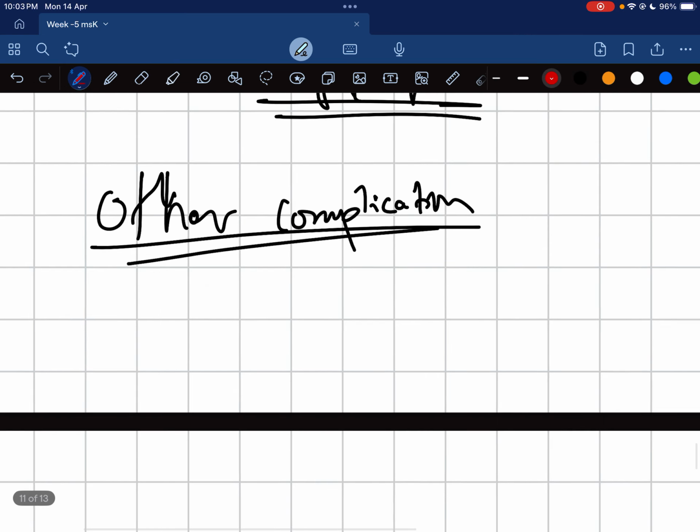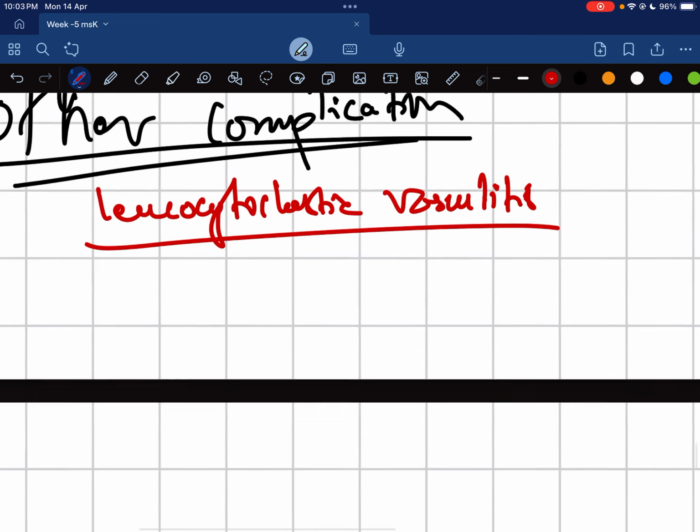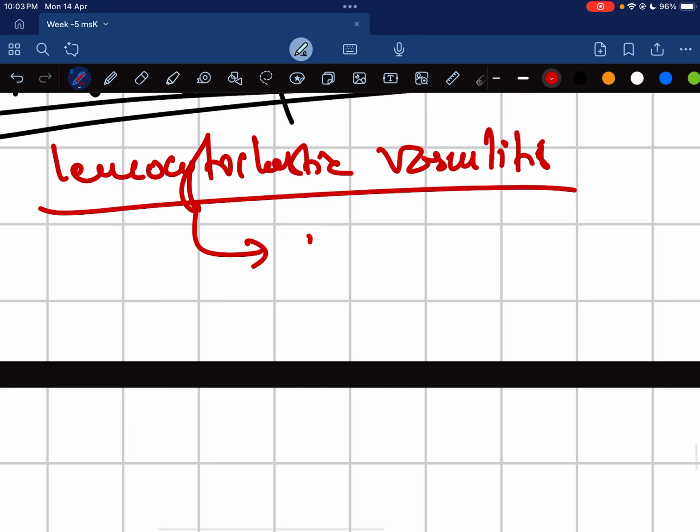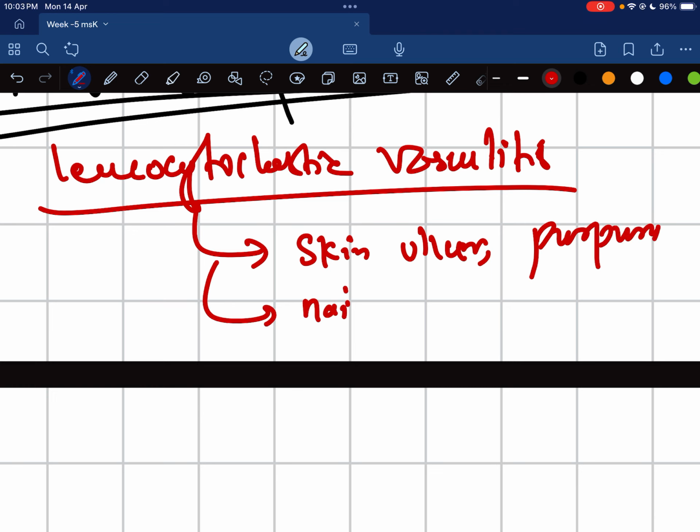There is leukocytoclastic vasculitis, which means there is skin ulcer, purpura, and nail bed infarct formation.